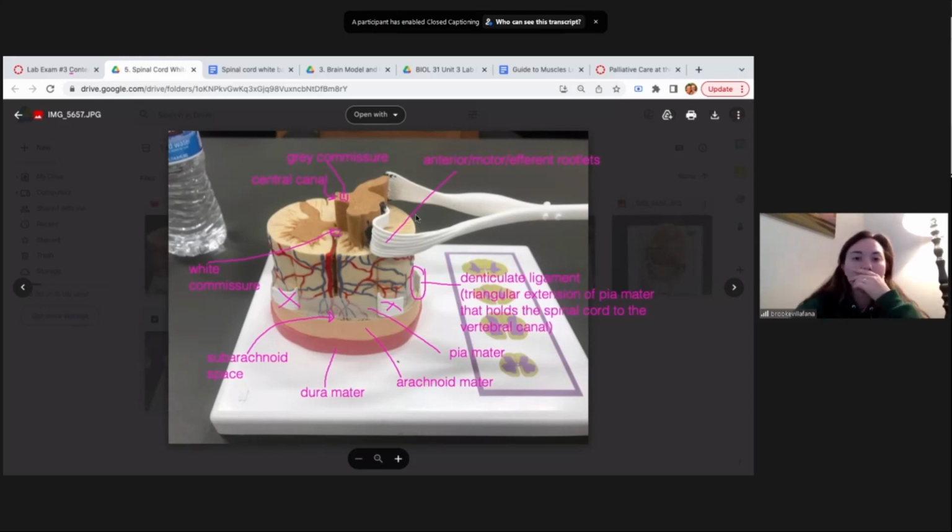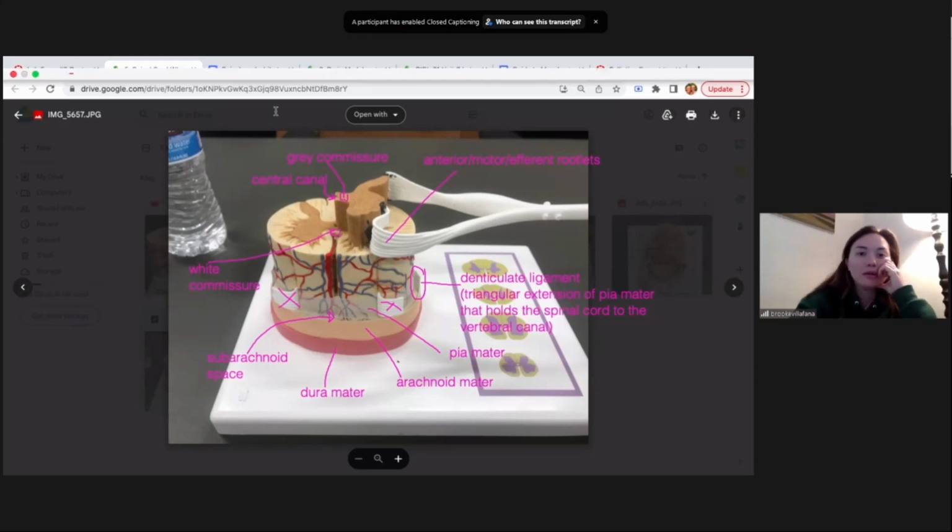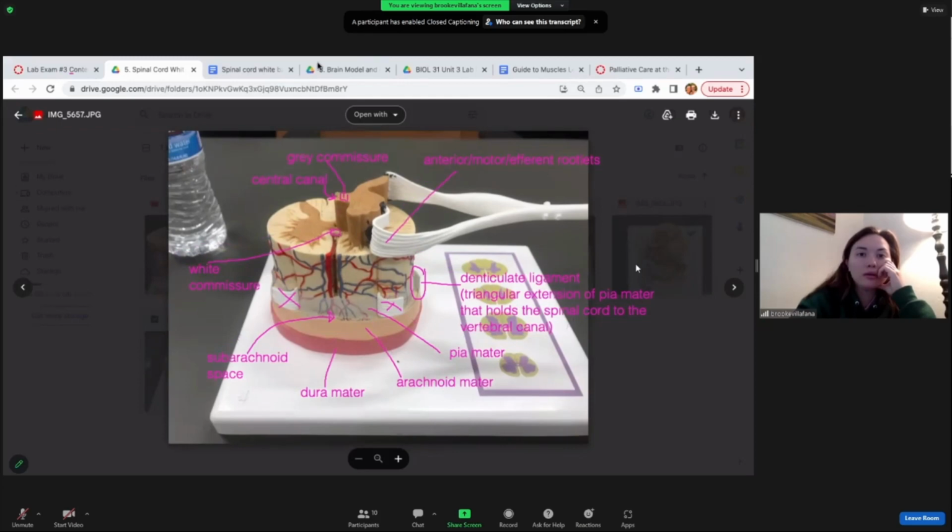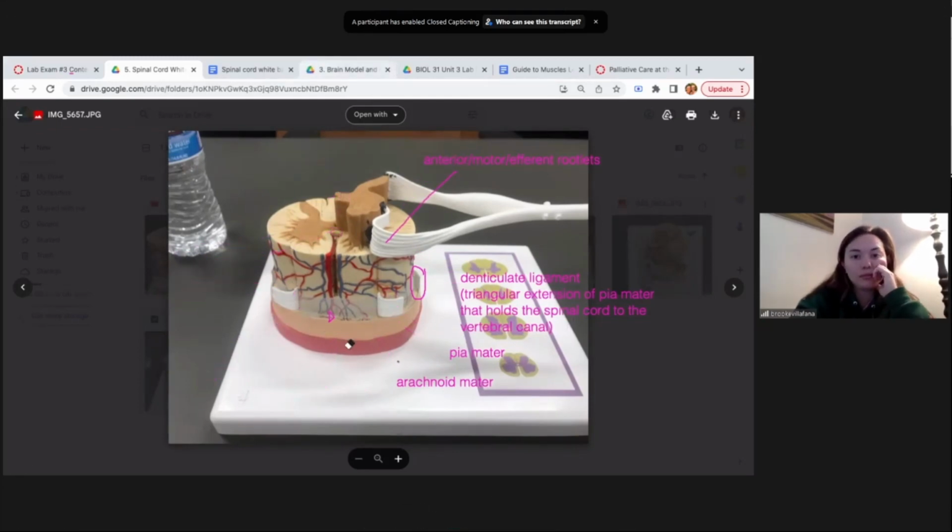Just type it in the chat for me if you guys don't mind. I need a few more people. I have 3 people for Monday and 2 people for now.